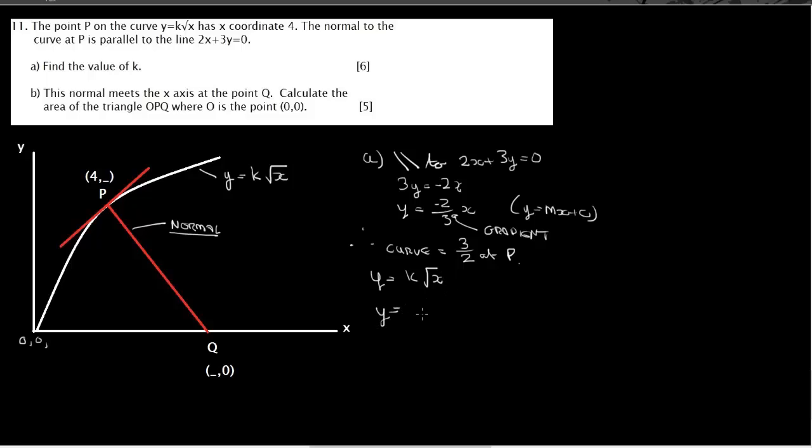So we've got y equals k root x, and differentiating k root x, we get dy dx equals half k x to the minus half, because root x is x to the half.